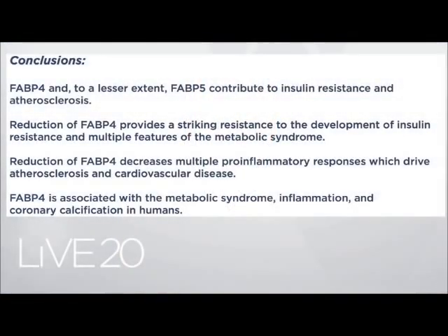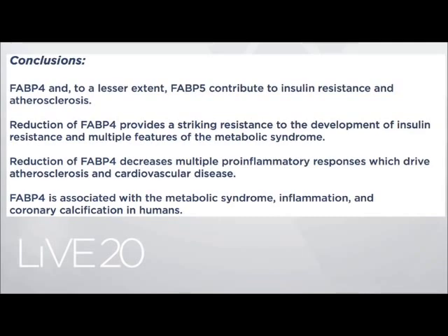The conclusions from this paper, I just kind of summarized it. FABP4 and to a lesser extent FABP5 contribute to insulin resistance, which is part of type 2 diabetes, to atherosclerosis, hardening of the arteries, cardiovascular disease. Reduction of FABP4 provides a striking resistance to the development of insulin resistance and multiple features of the metabolic syndrome.